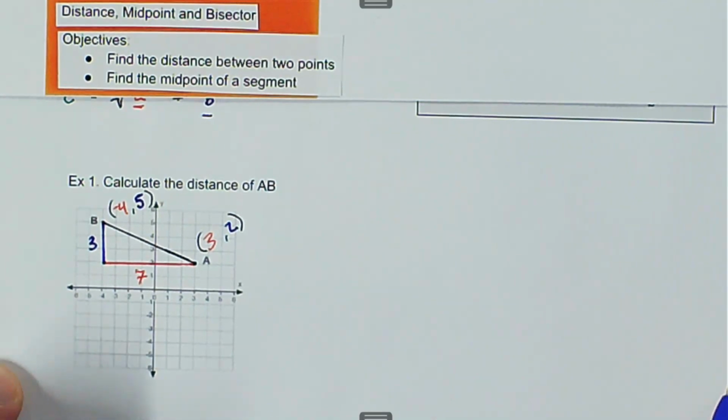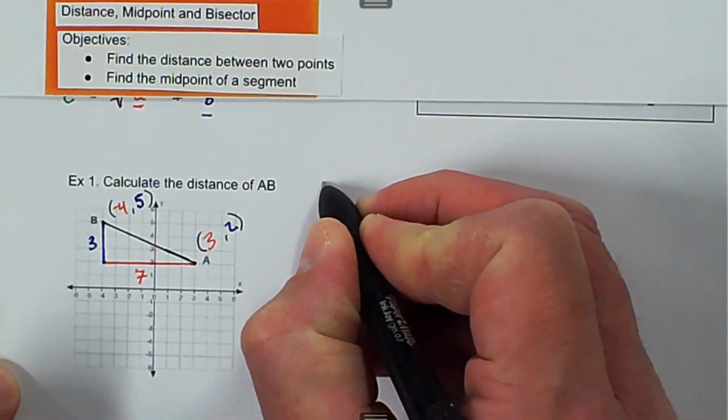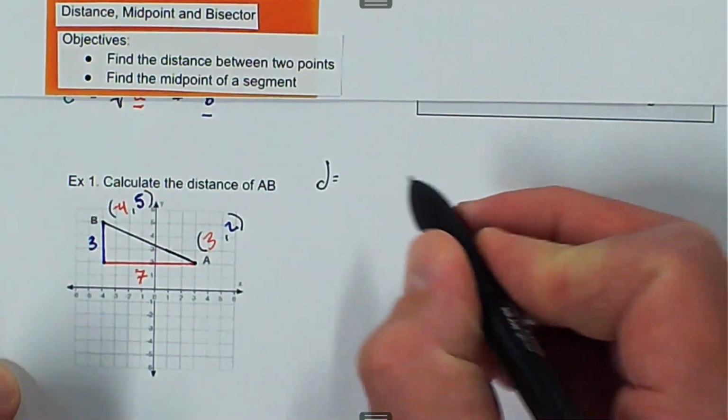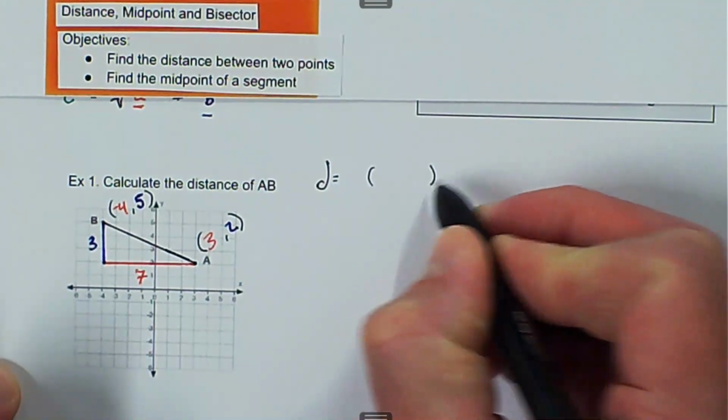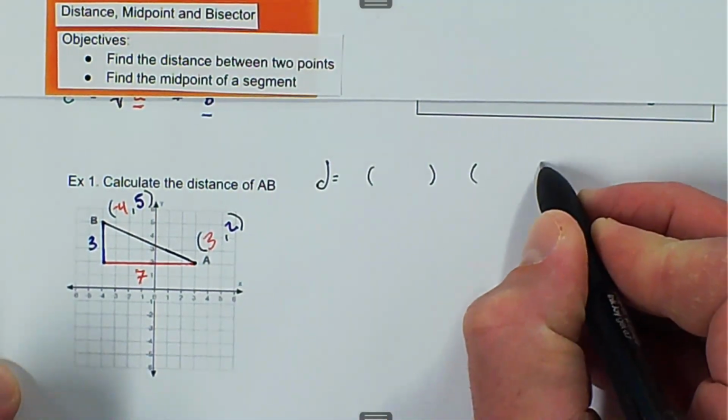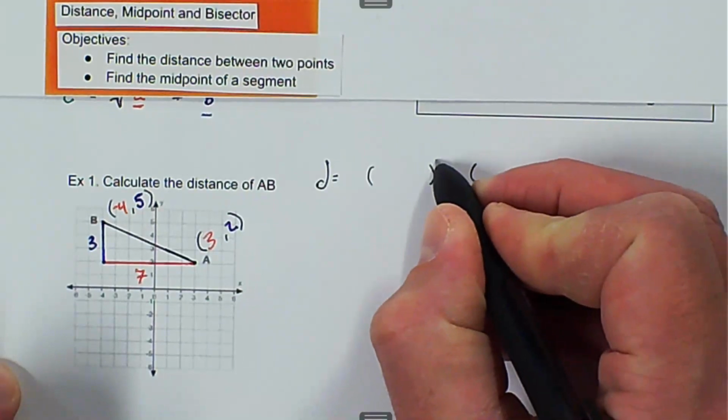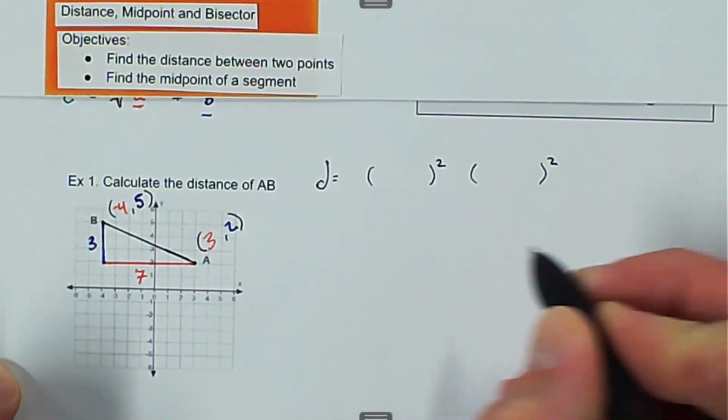All right, now we will use the distance formula. Whenever I do the distance formula, I always write down the things that aren't going to change. We're calculating the distance. There's going to be 2 sets of parentheses. Both sets of parentheses are going to be squared.